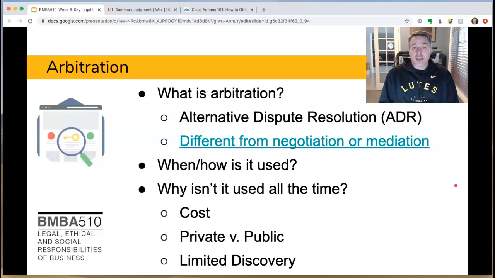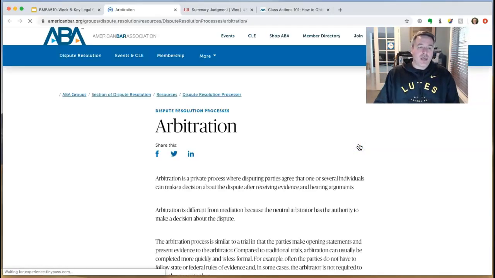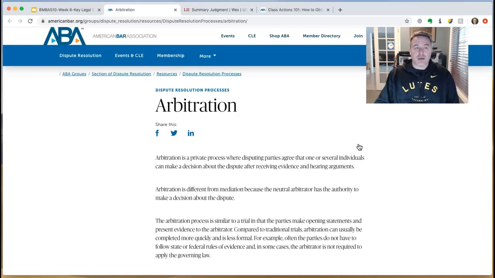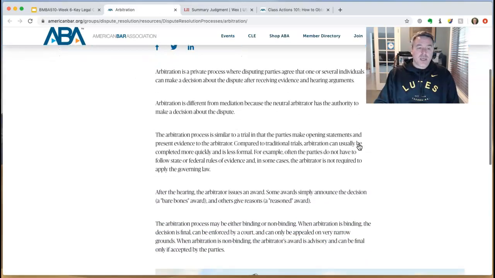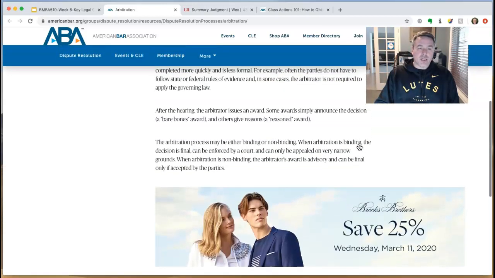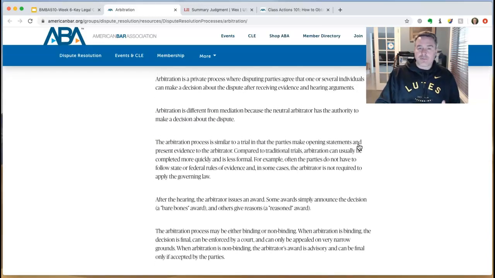And then there are non-binding arbitrations that can be appealed into the court system. This link here is to an article from the ABA about arbitration, in case you're interested. The ABA is the American Bar Association. And it talks about the difference between the kinds of arbitrations that are available. They come in different flavors, different formats, different costs.